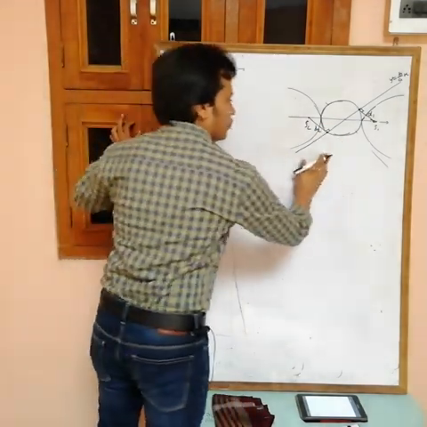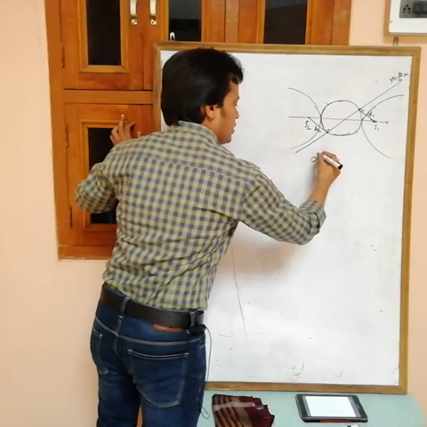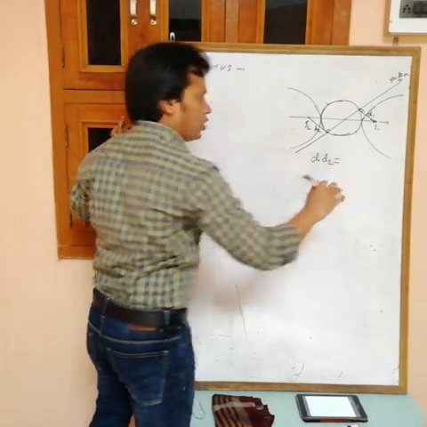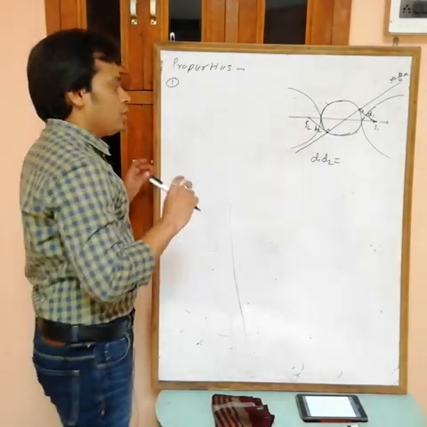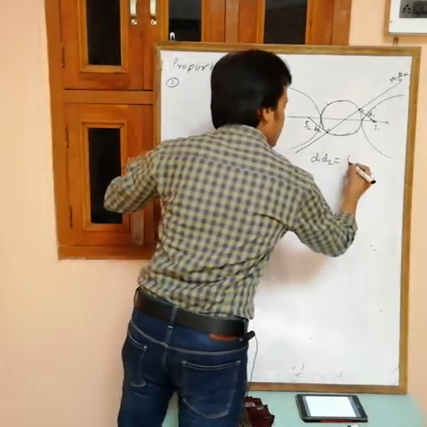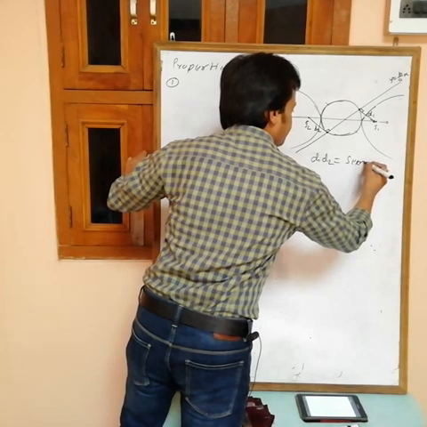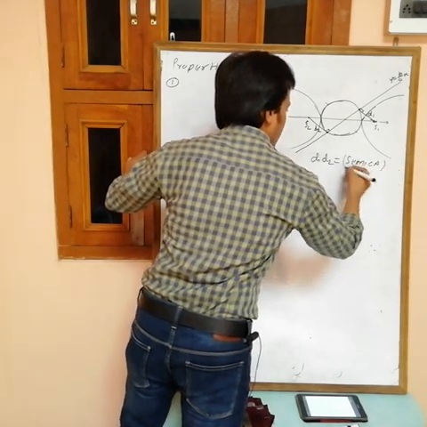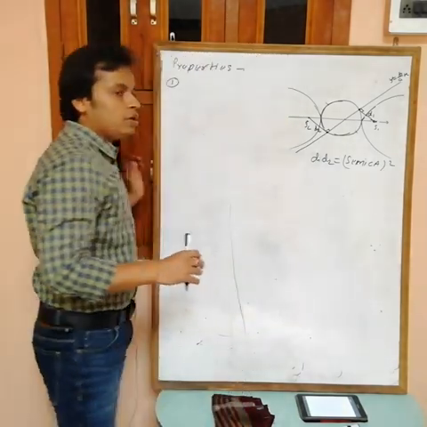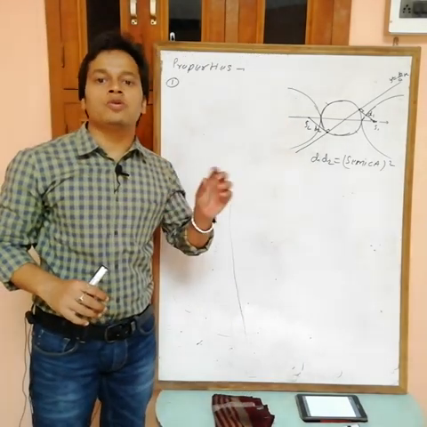Then also we have one relation: d1 into d2, the product of perpendiculars from the foci to any asymptote, is equal to the semi-conjugate axis square. Same as in ellipse, we have d1 d2 equals b square.